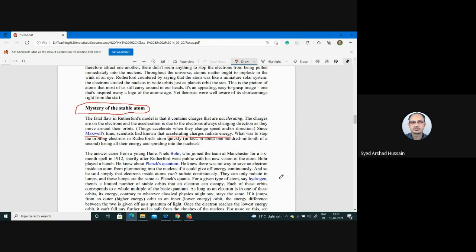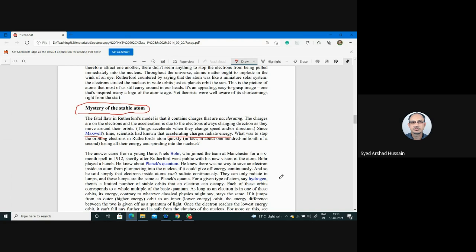Stationary energy state means the electron will have a stable energy. It will not radiate or absorb energy unless there is some external force. So the states where the electron lies are stationary, and the atom is stable and will not radiate.